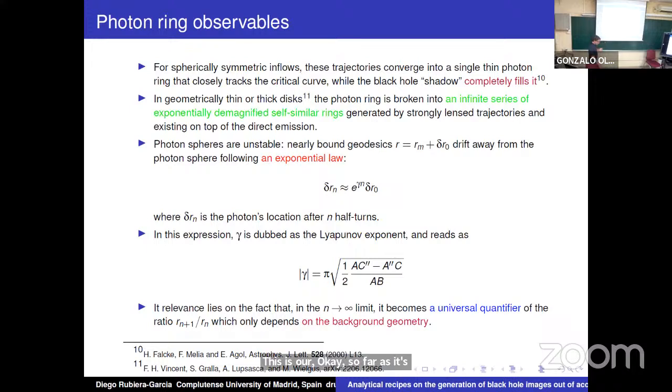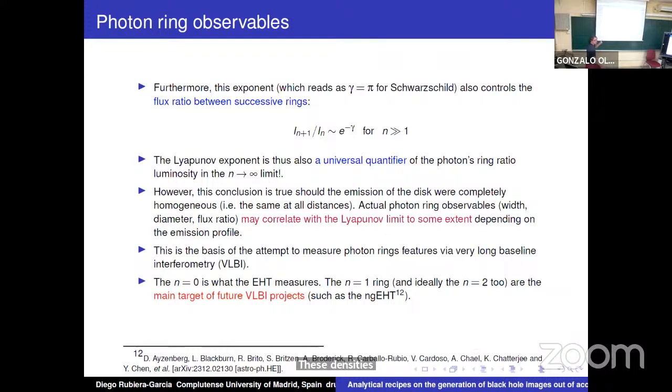In the case of another geometry, it depends on the value of this function. It's another universal prediction. It does not depend on the accretion flow. This number is called the Lyapunov index, which appears in other concepts of physics. So in some sense, the Lyapunov index is a universal quantifier of the way spacetime bends the geometry. Your black hole bends the geometry. These locations are associated with the location of photon rings, which are measurable, but even better, the intensities are measurable.